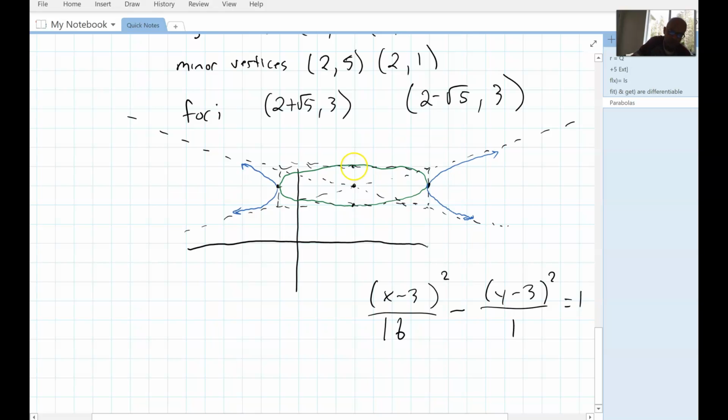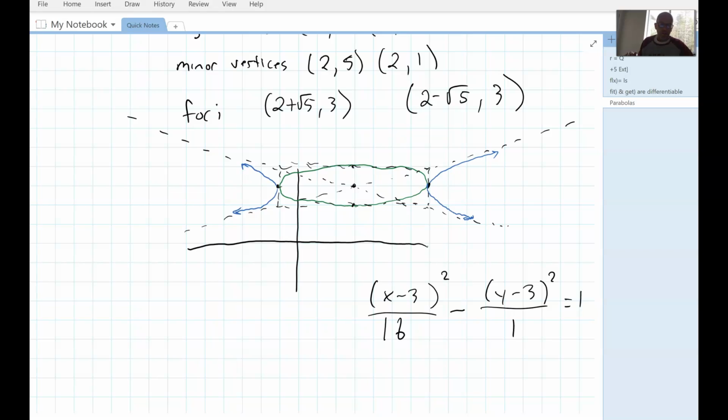In one case the points are the major vertices and the minor vertices, in the case of the ellipse. In the case of the hyperbola, the positive one gives me the vertices, and the negative one gives me how wide the box is that determines my asymptotes.